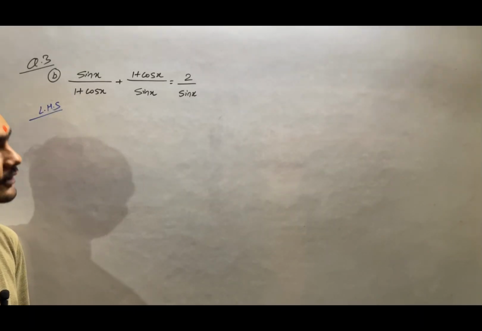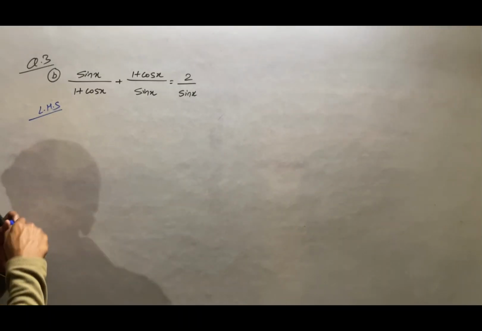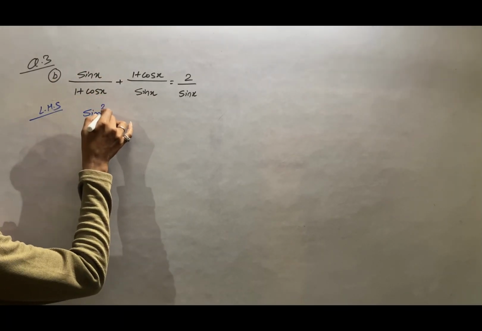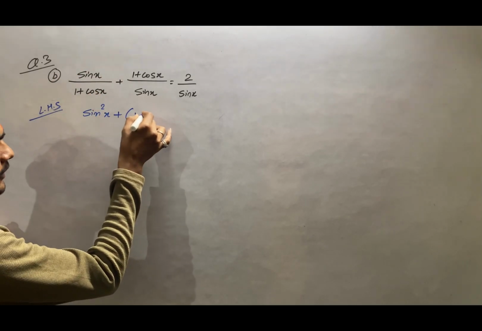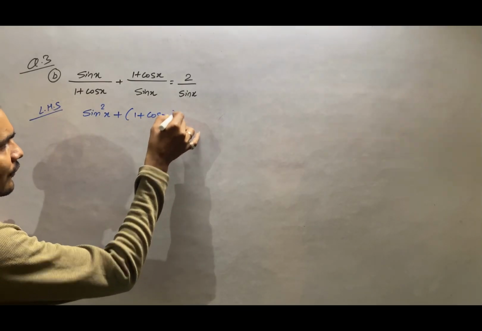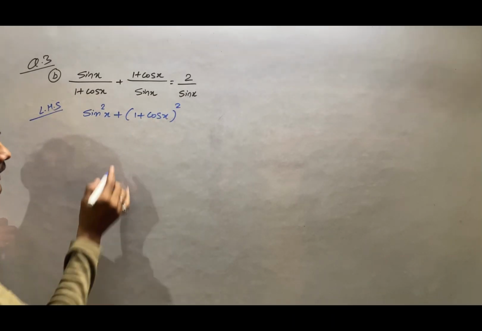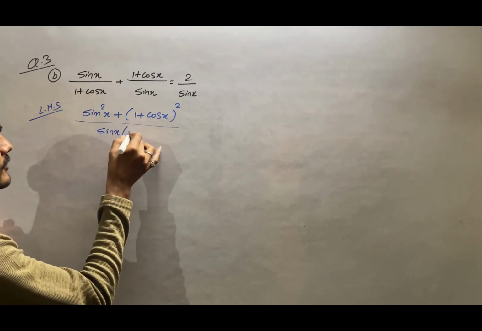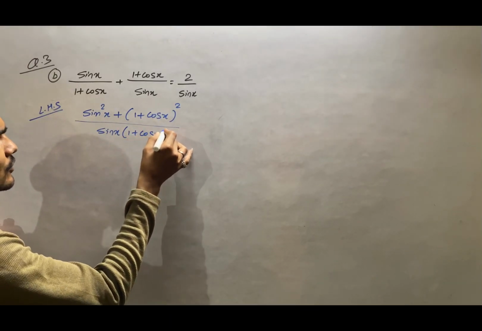Yes, we can cross multiply. So sine times sine is sine square of x, and here we will get 1 plus cos of x the whole square, and in the denominator we can write sine of x times 1 plus cos of x.